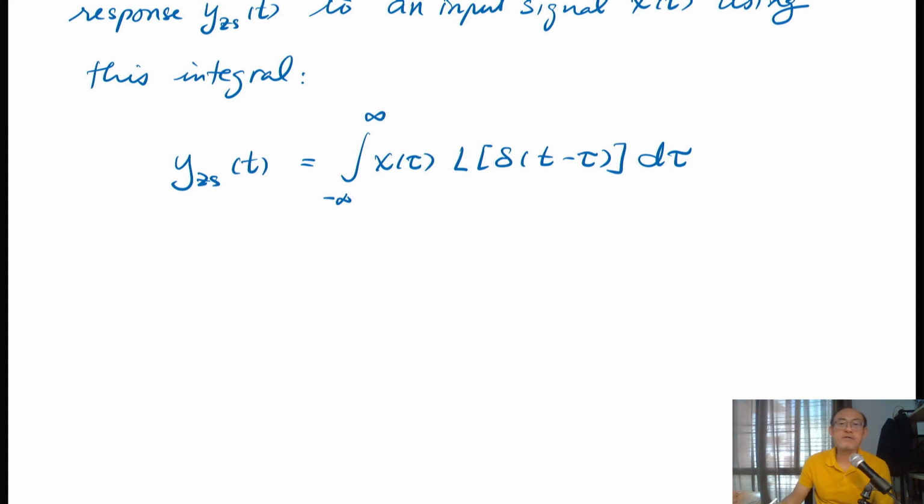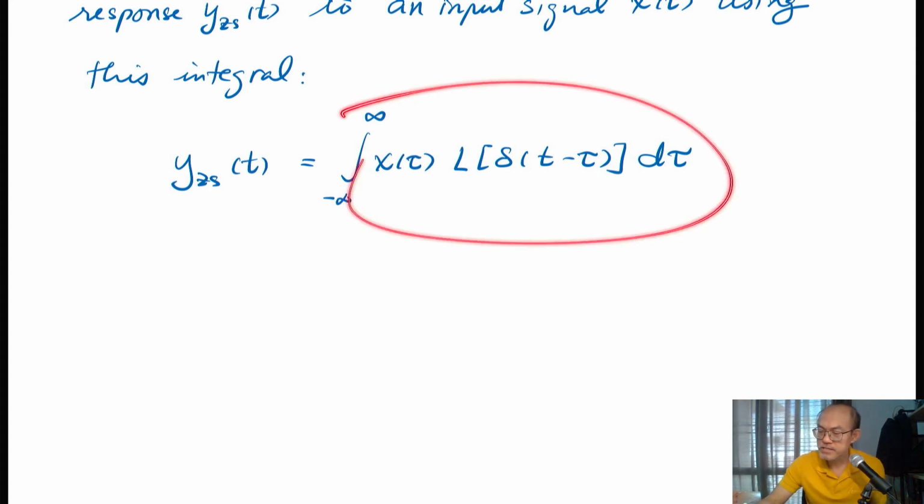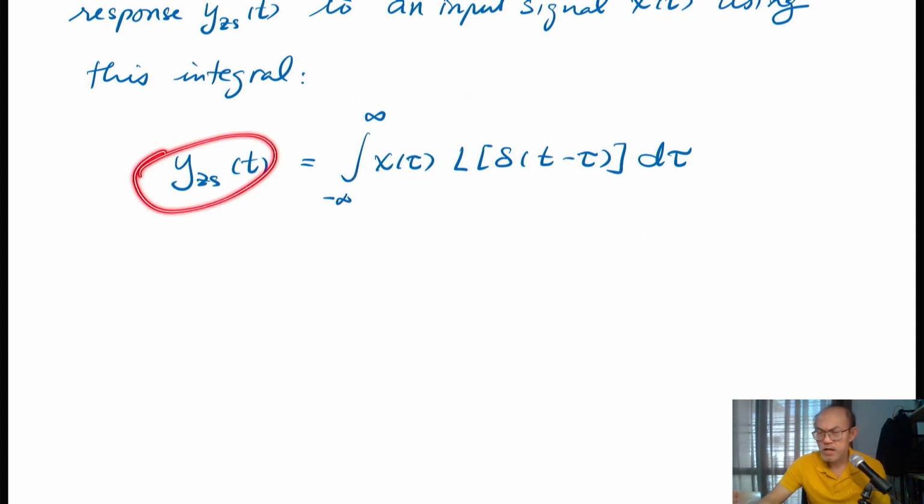This integral is very important. It is used to find the zero state response of an LTI system from the input signal x of t. Okay, here I'm writing it down as x of tau, but x of tau and x of t are the same thing.